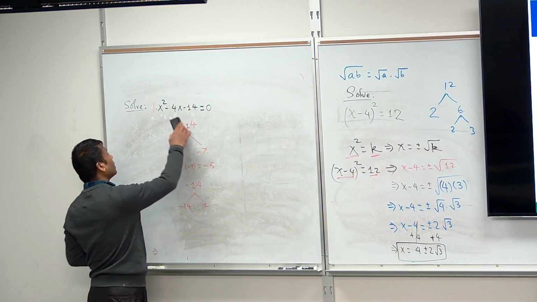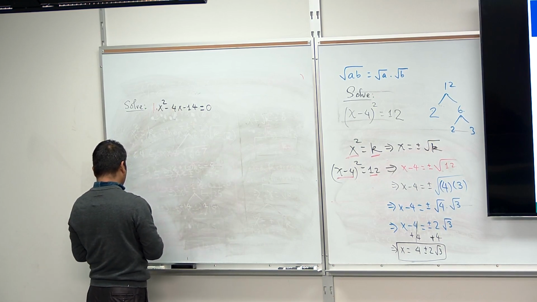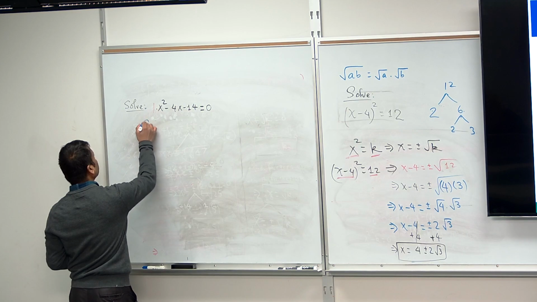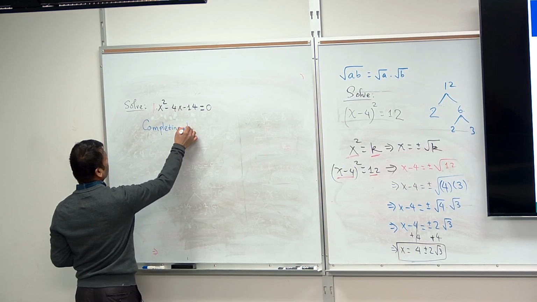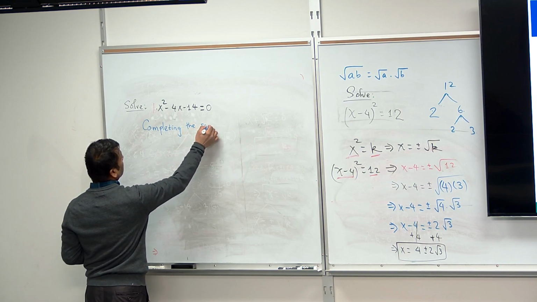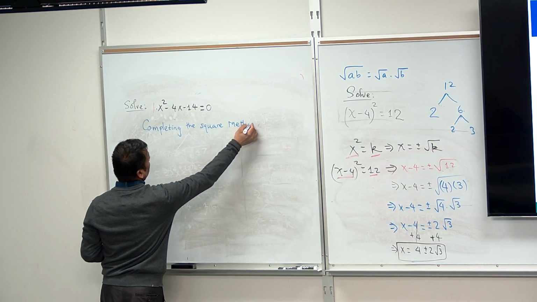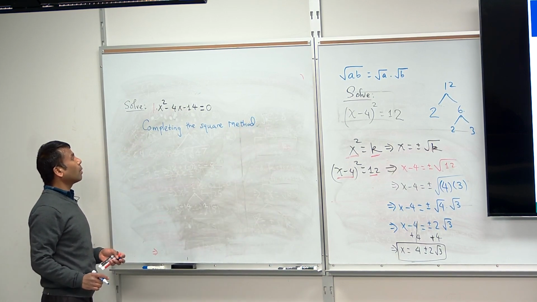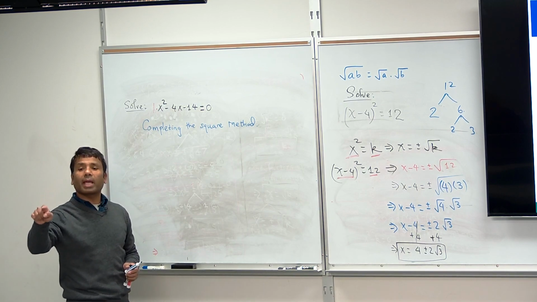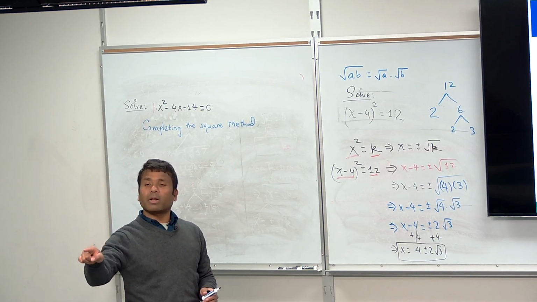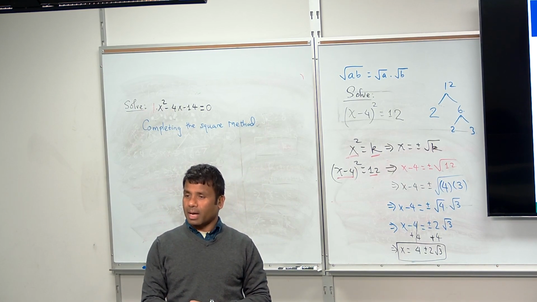If you want to solve this quadratic equation, what are we going to use? Completing the square method. Okay, guys? So now the first step is you have to make the coefficient of x square 1, right?